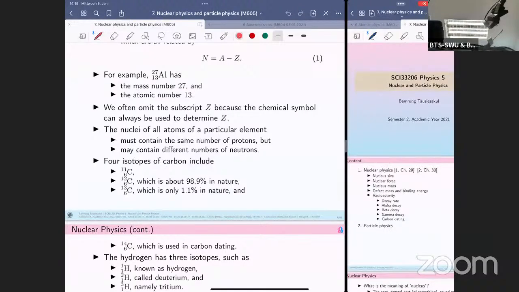So what happened? I don't understand why the people from M605 don't appear here.